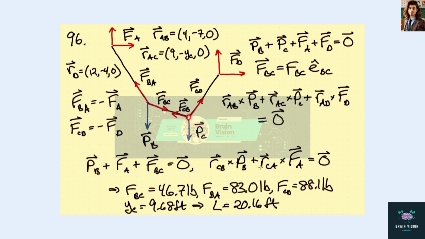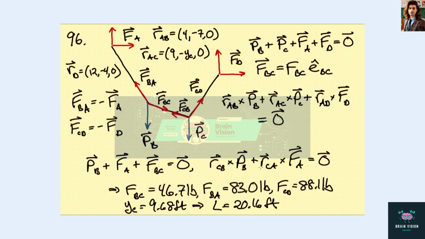Then taking moments about C, we get RCB cross PB and RCA cross FA, and we can get RCB and RCA because we know all of these. RCA is just minus RAC, and RCB is just RAB minus RAC.